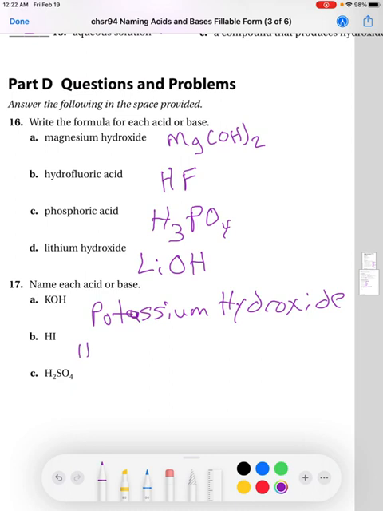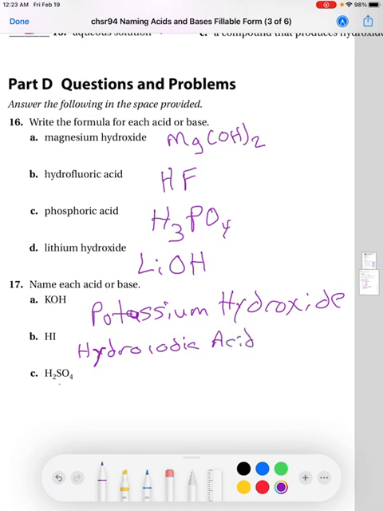HI is hydro, that's a Y, not an X. Sorry, I'm using my Apple Pencil here. Hydroiodic. Iodine, iodide, the -ide becomes -ic, hydroiodic, and we add the word acid.